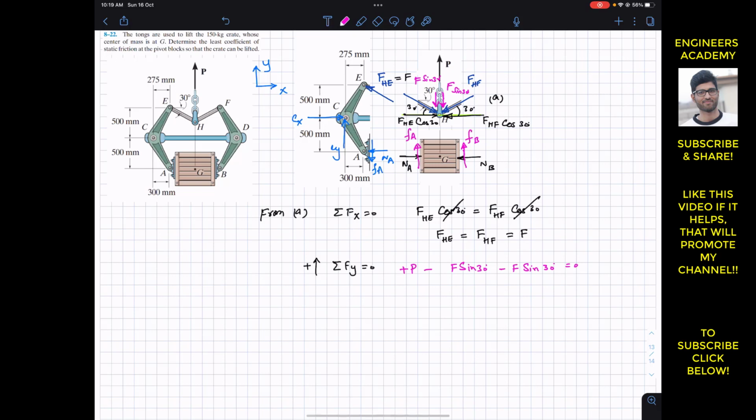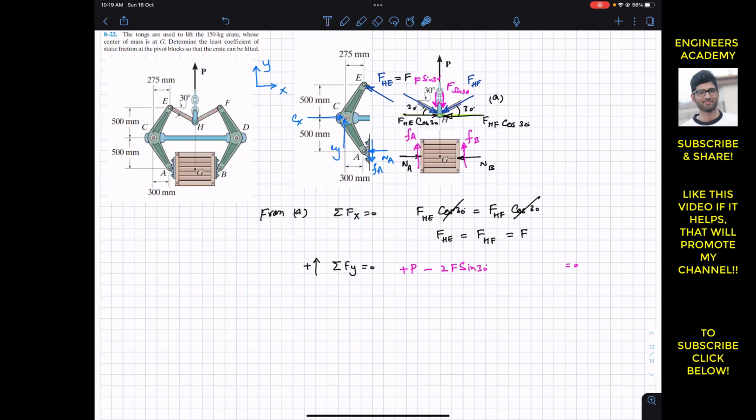This is equal to 0, and adding both of these gives us minus 2F sine of 30. And now if we know this P force, the external force, we will be able to find that F, the force which is applied by the arm in this direction and this direction.